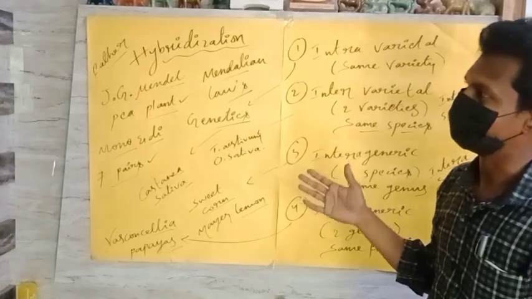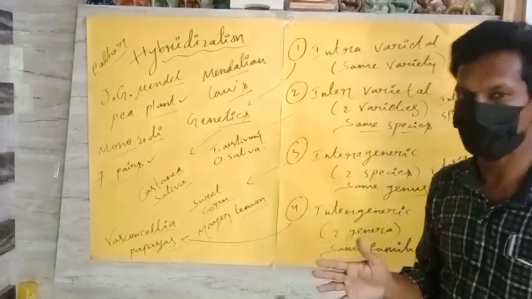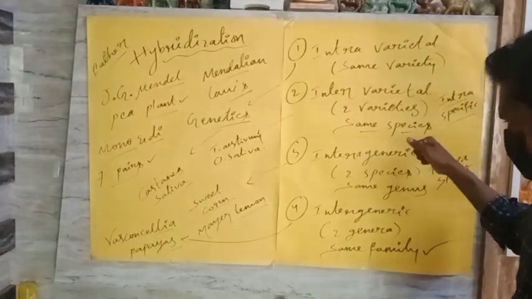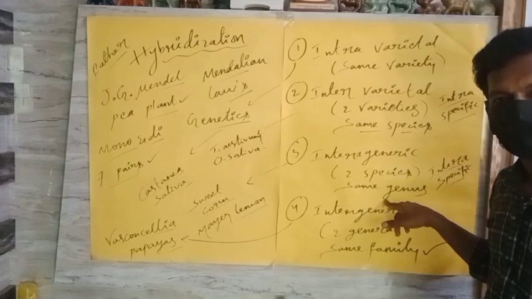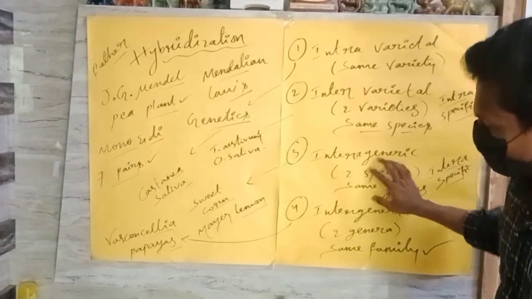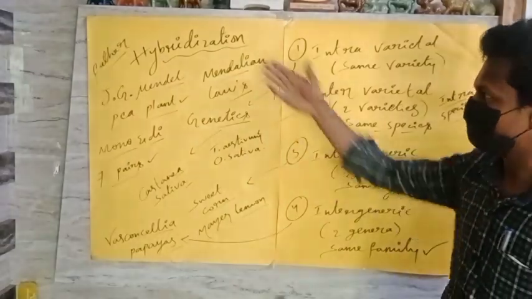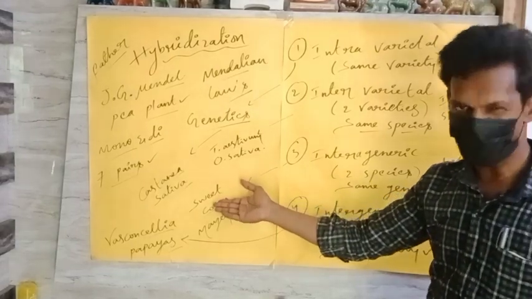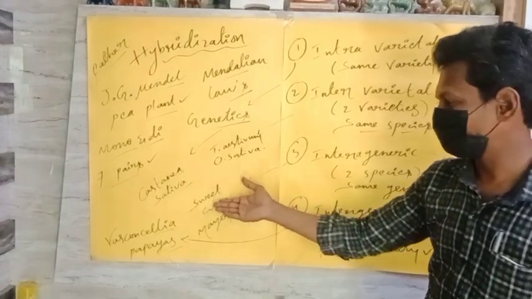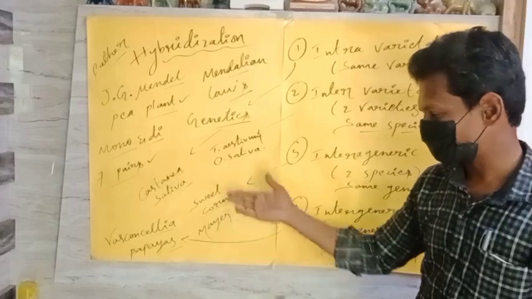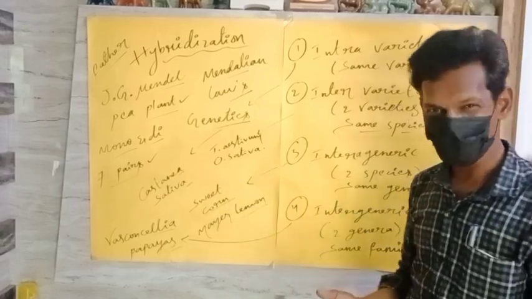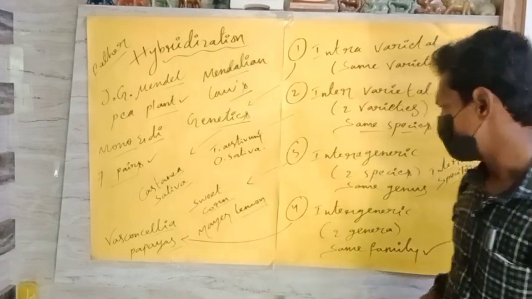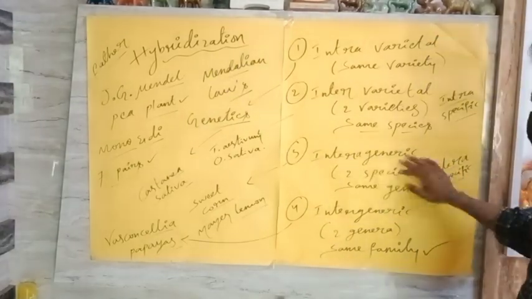If the hybridization process is performed, then that comes under intrageneric hybridization. Same genus but two species. Based upon this hybridization, the result is sweet corn. So sweet corn is produced by doing this hybridization, that is intrageneric.